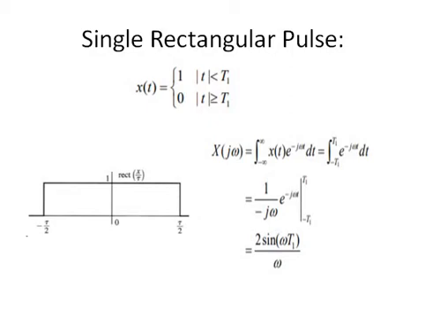Applying the Fourier transform to this signal, we do not take minus infinity to infinity, because it ranges from minus t by 2 to t by 2, where t by 2 is equal to t1. So the integral from minus t by 2 to t by 2 of e power minus j omega t dt is equal to this, and if we apply integration, we will get this equation.